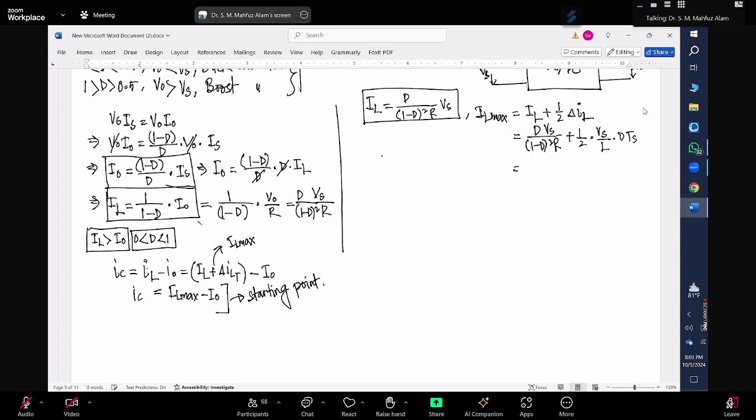So here in both terms, we have D into Vs. If I take D into Vs common, we can write 1 over 1 minus D whole square multiplied by R plus half to L. Instead of Ts, we can write it as Fs, right?